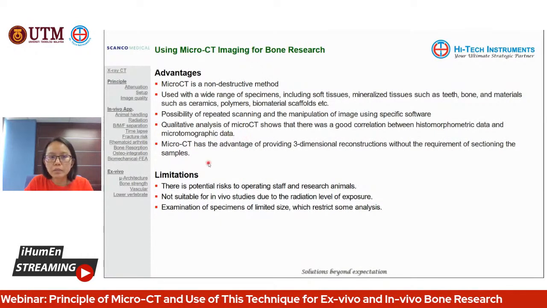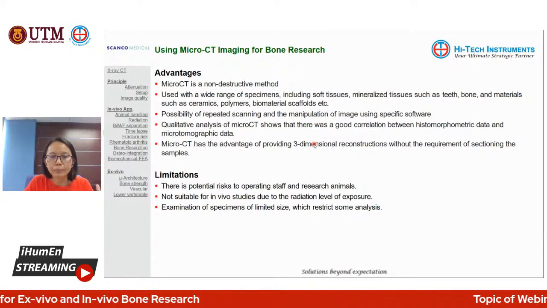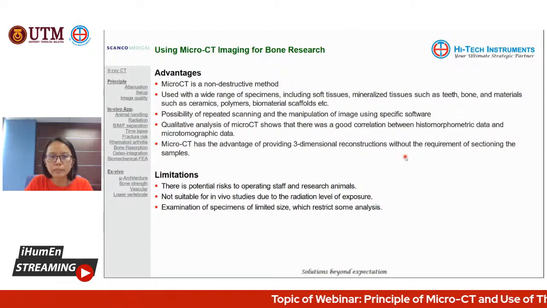And last, MicroCT has the advantage of providing a three-dimensional reconstructed image or data without requiring sectioning of the samples.